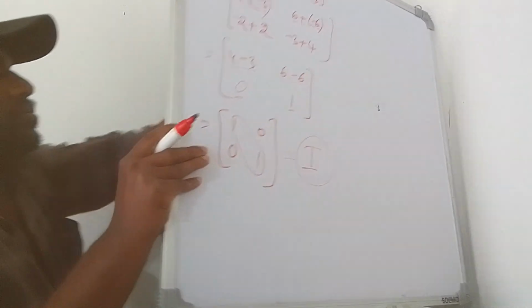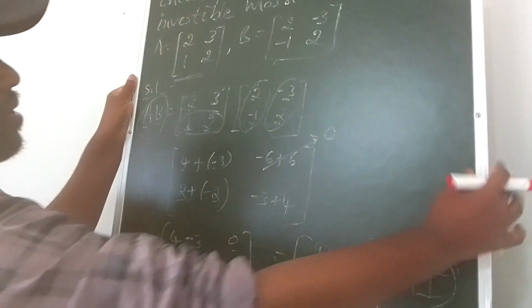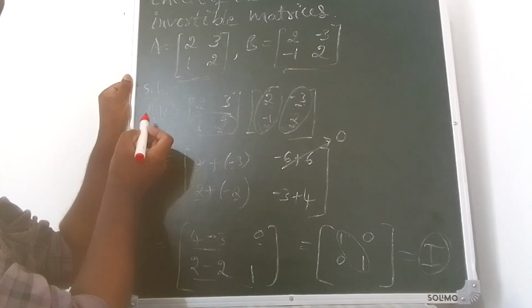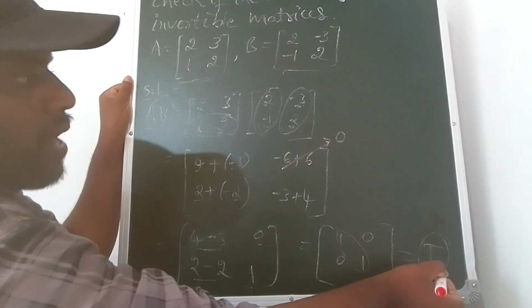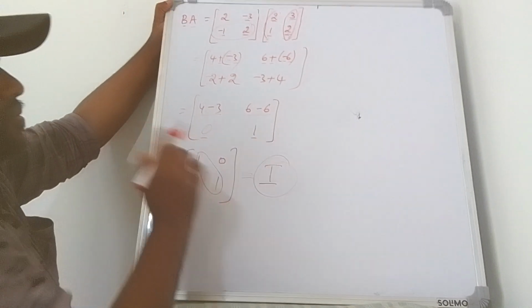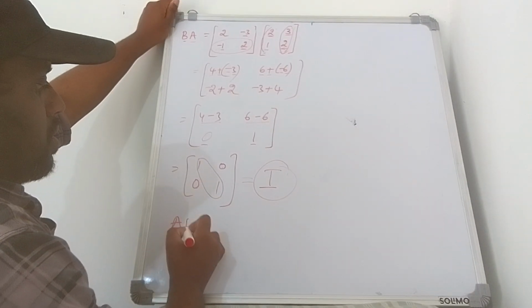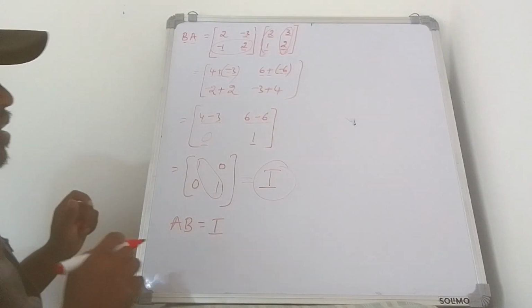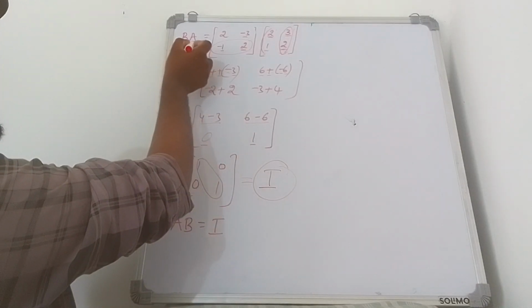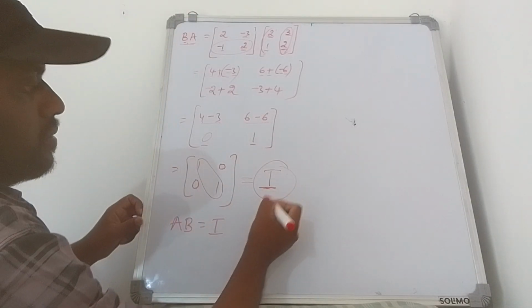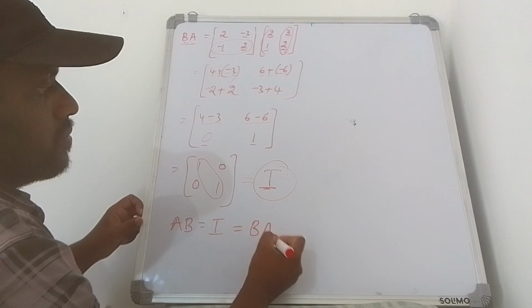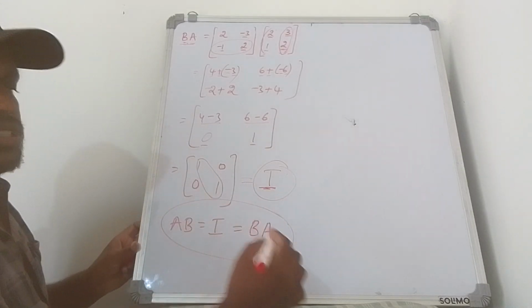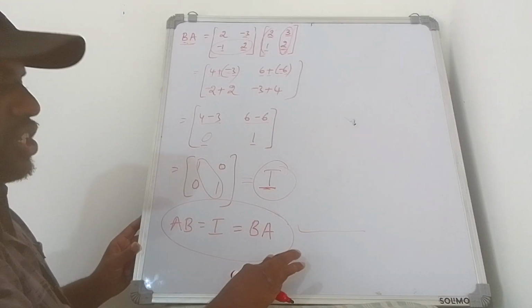So previously you have seen this AB is equal to I. And here we can see BA is equal to I. So AB is equal to BA. So now this is very important. Remember this condition.